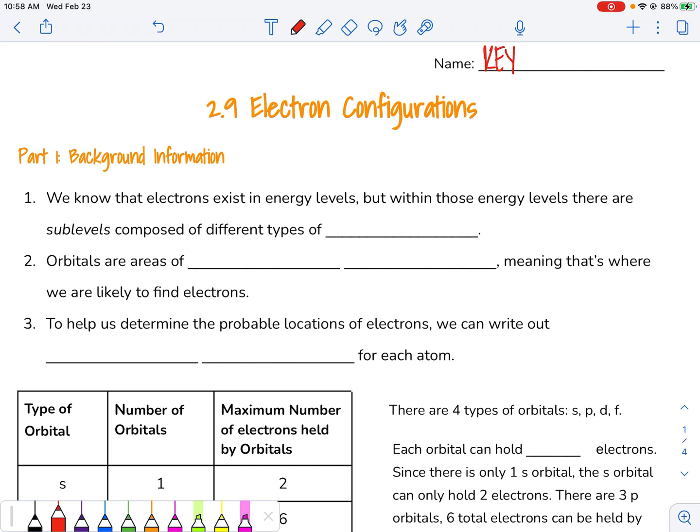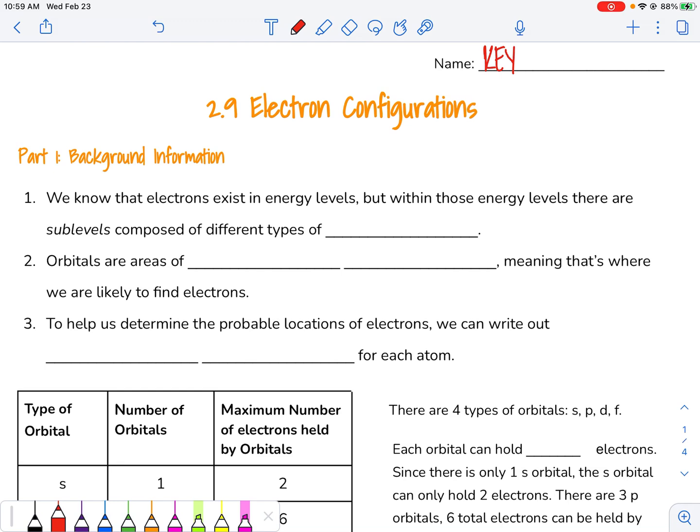Essentially, these orbitals are areas of electron probability, and these electrons do exist in energy levels, and every orbital has an energy level associated with it. So we know that electrons exist in energy levels.